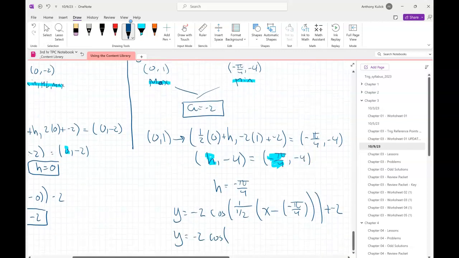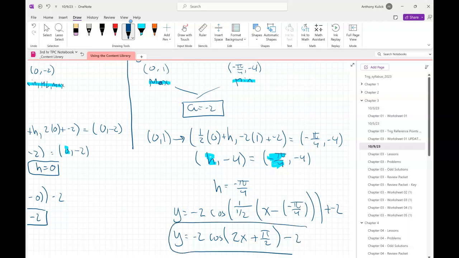So if I simplify this down, that's one possible answer. Where could I have gotten more possible answers from? If I picked a different extreme point.